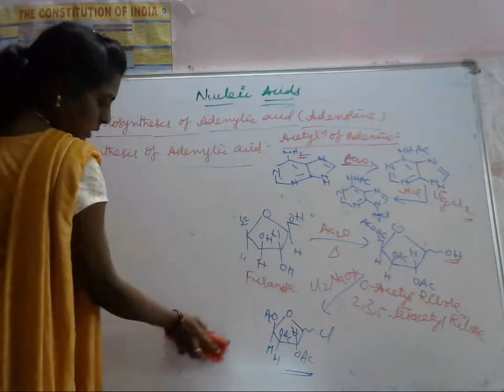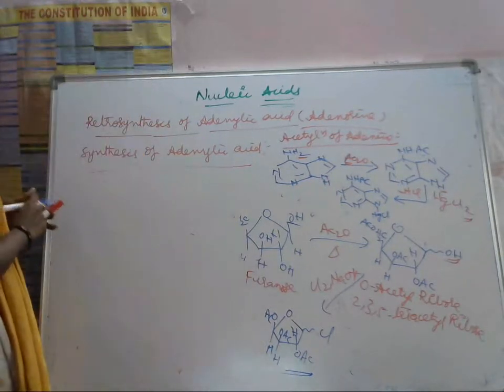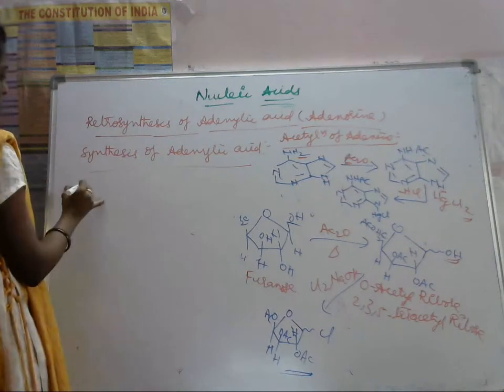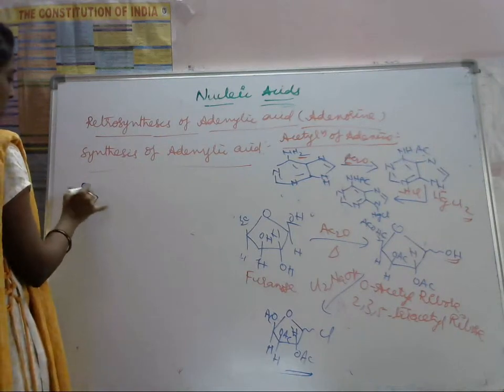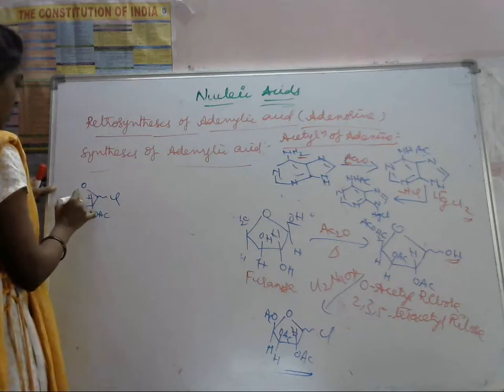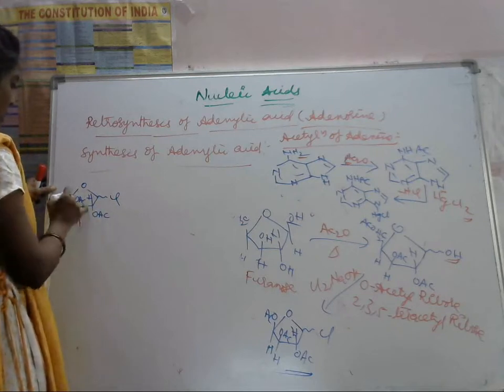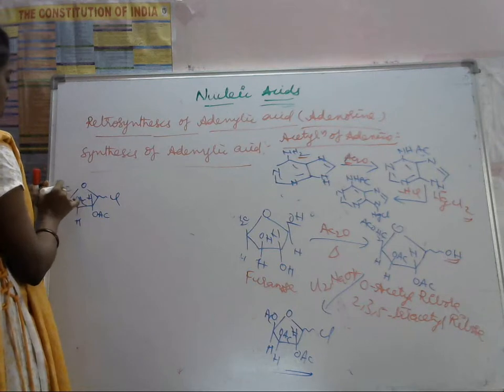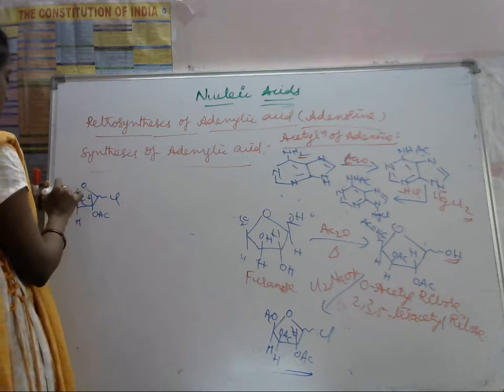I will write here. We have to take this unit, O, this is Cl, here OAc is there, H, here OAc, H, here CH2OAc.